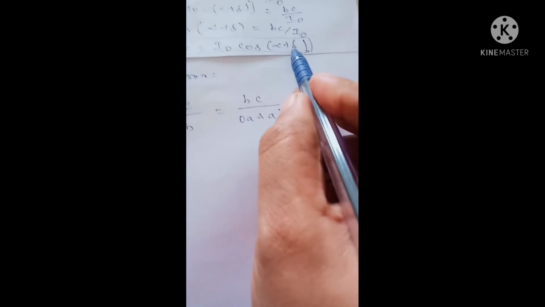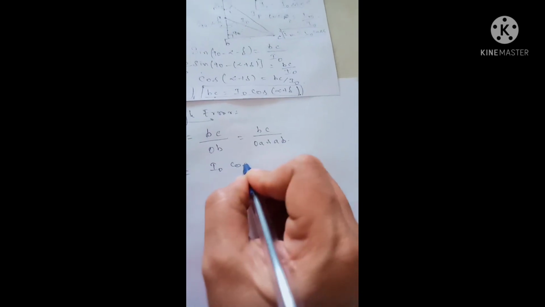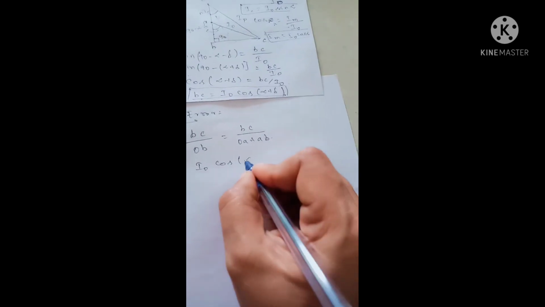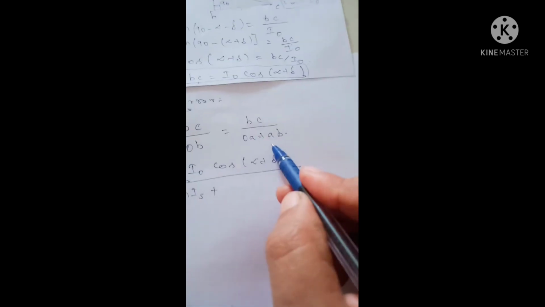BC is nothing but I naught cos of alpha plus delta, divided by OA, which is NIS, plus AB.